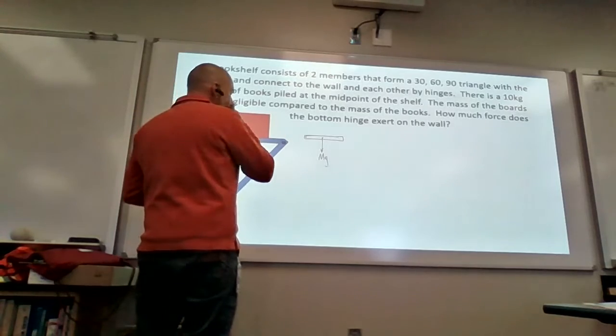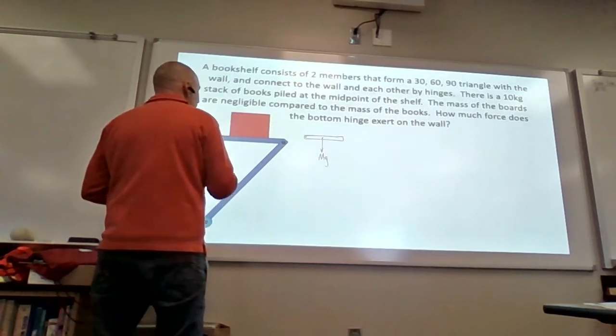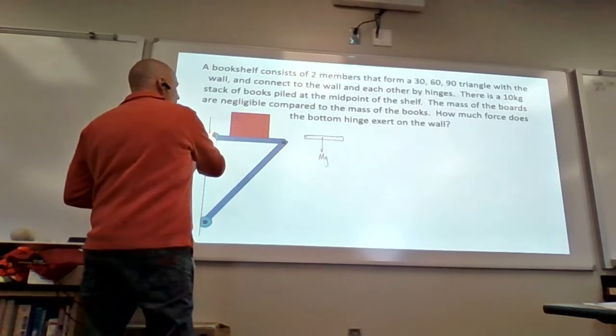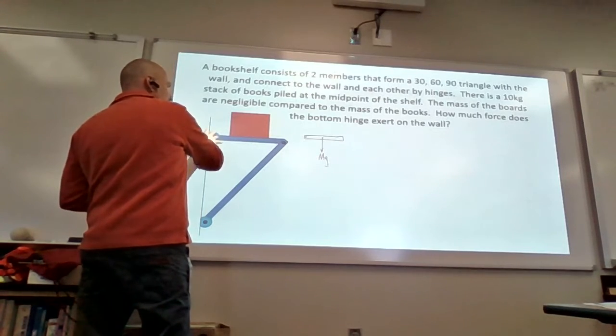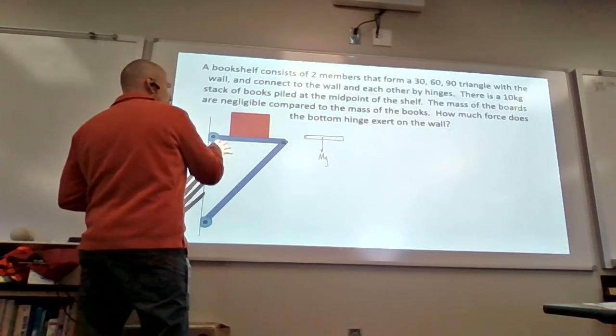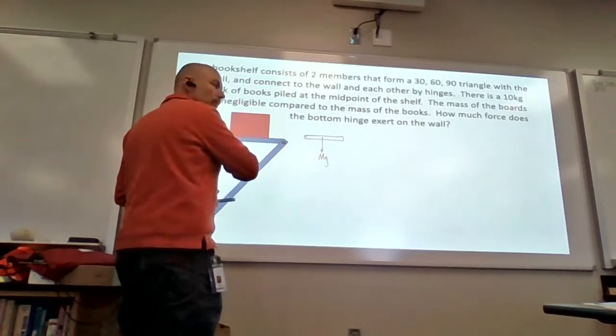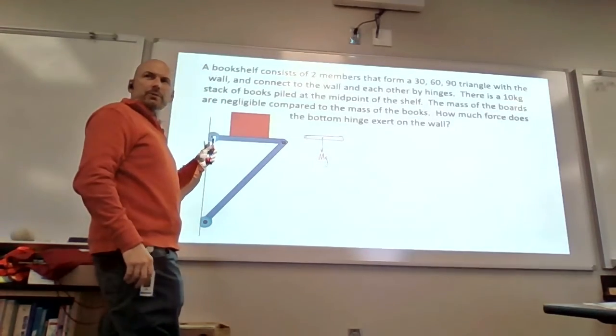So the way you guess is you pretend like this doesn't exist, like it all of a sudden disappeared. Which way would this thing move? Because this is detached here.